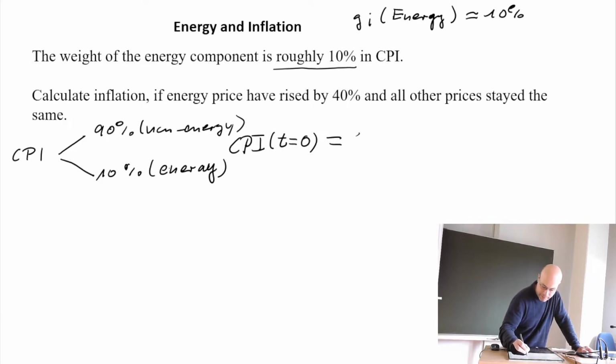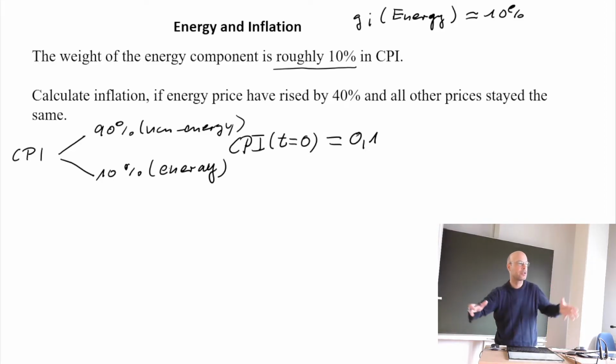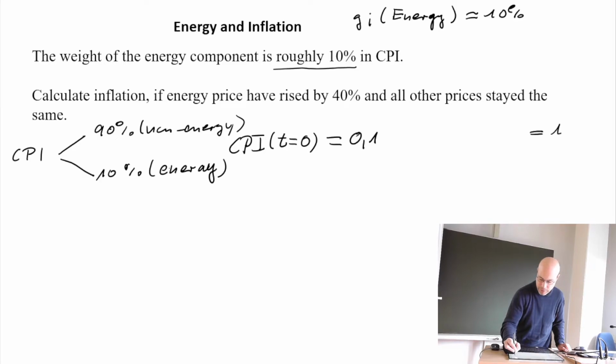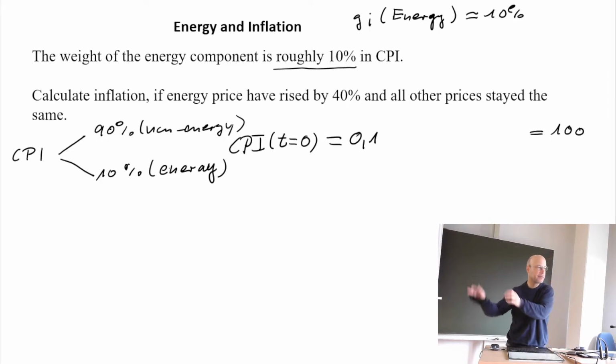There we would have 0.1, and we come today from our actual price level. And next year it should rise, this energy component, by 40%. So today we just fix our index to 100, like we have done this also in our two other examples, because we are only interested in the relative change in the next year.